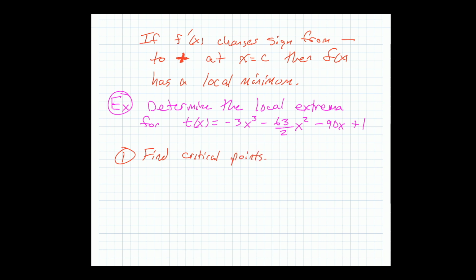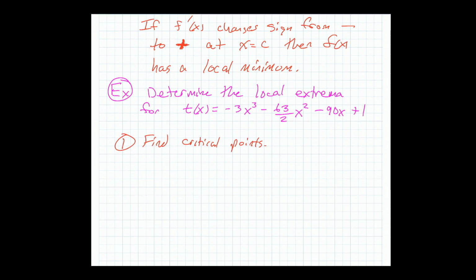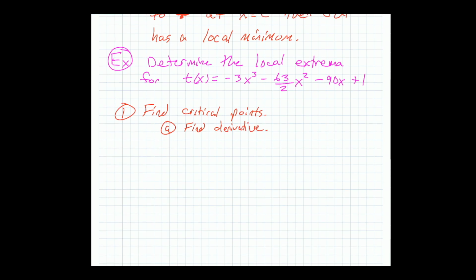Find critical points. How do you do that? You're basically going to find the derivative, and you need to know where it's 0 or undefined. So, find derivative. That's your first step for finding a critical point. So t prime of x is, and we just take the derivative here.